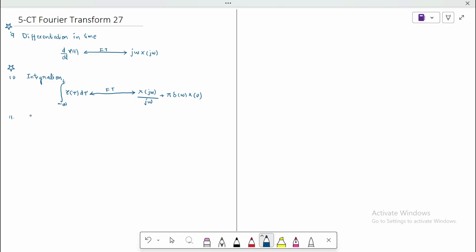The 11th one is differentiation in the frequency domain. Previously we took differentiation in the time domain.